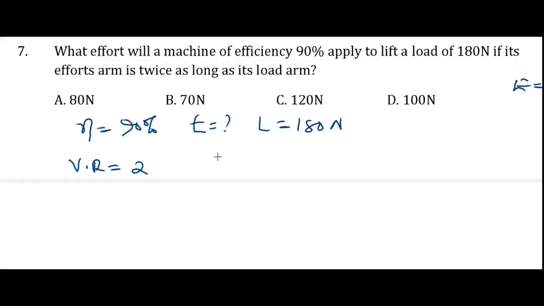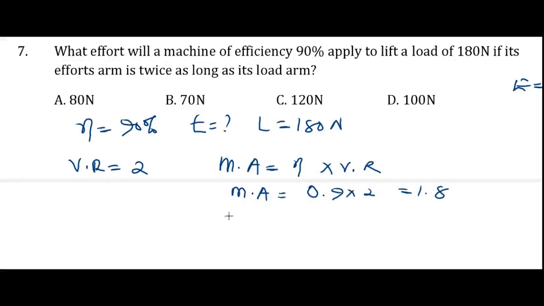Okay, don't forget that mechanical advantage is efficiency times velocity ratio. All right, so mechanical advantage will be efficiency is 90%, that's 0.9, times velocity ratio, that is 2. 0.9 times 2, that is 1.8.